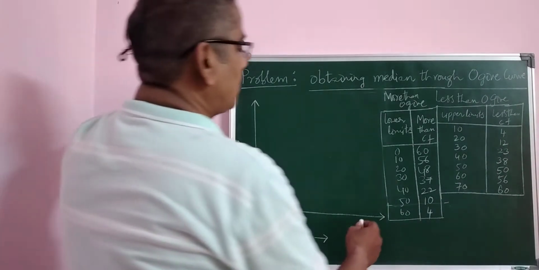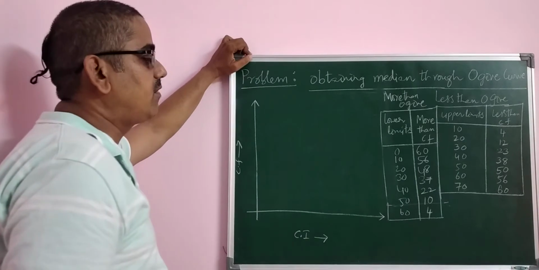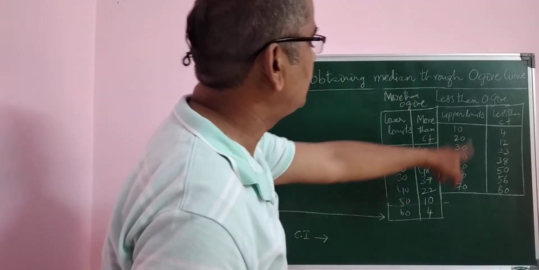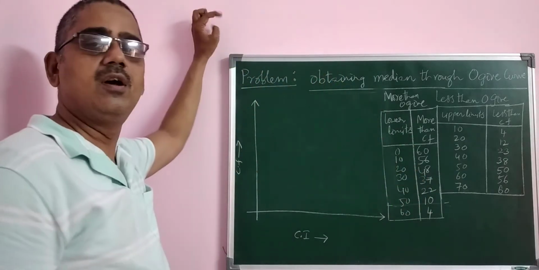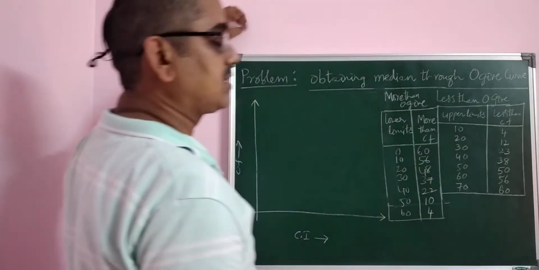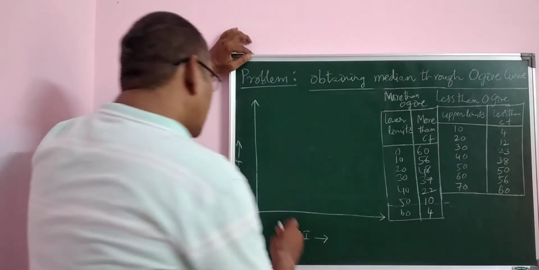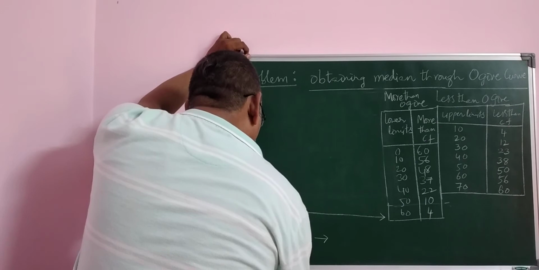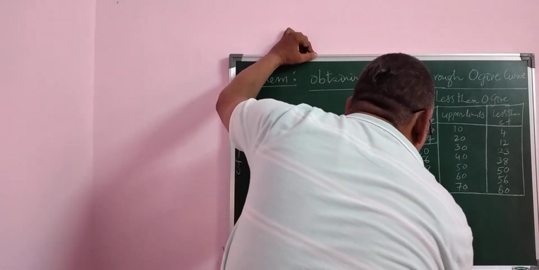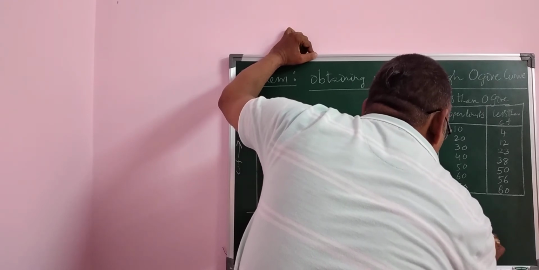Now you see, consider a suitable scale for the values here. The maximum value is 60, and of course here also the maximum value is 60. Upper limits go up to 70 as the maximum. So I am considering 10 units in 1 centimeter. So 1 centimeter is equal to 10 units on both the x-axis and y-axis.